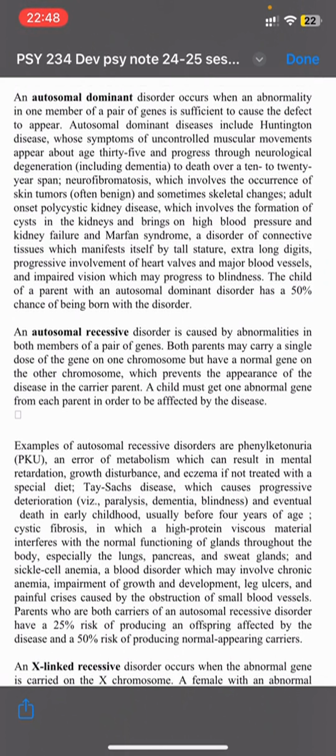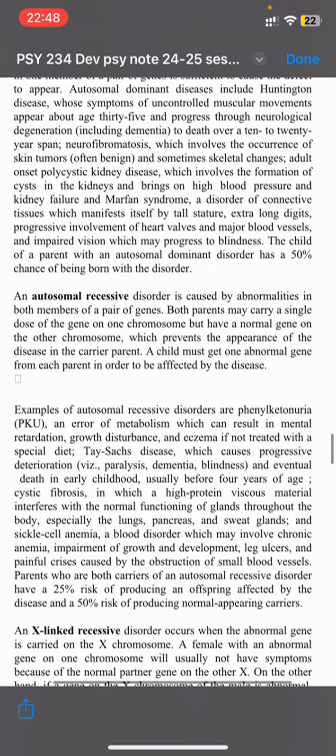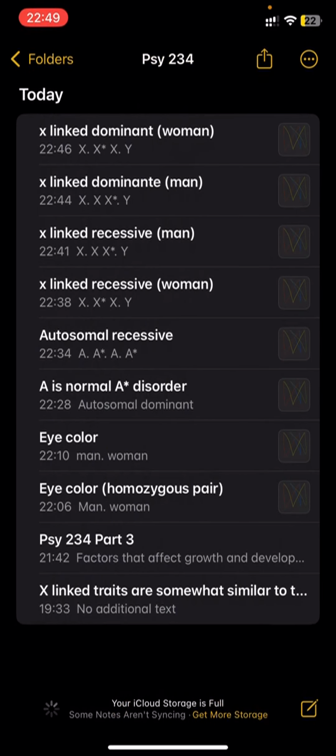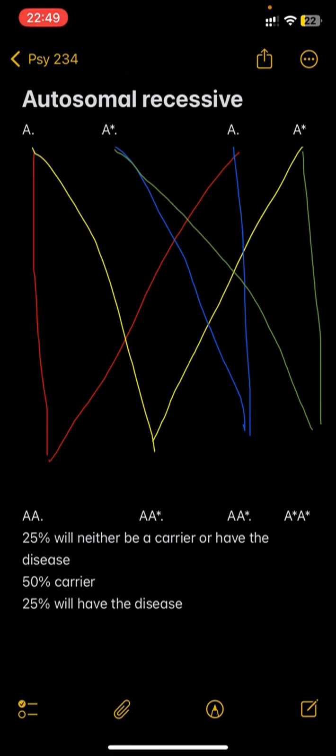Autosomal recessive disorder is saying you need both parents to give you those two bad genes for you to get it. Let me show you the diagrams again. I just hope these diagrams are helping you out. Autosomal recessive. So if you look at it, you can see that only one child, because of the green, look at the green line, A asterisk.